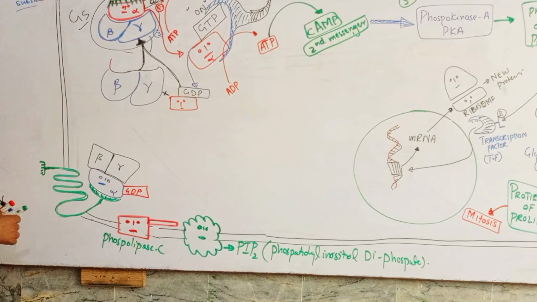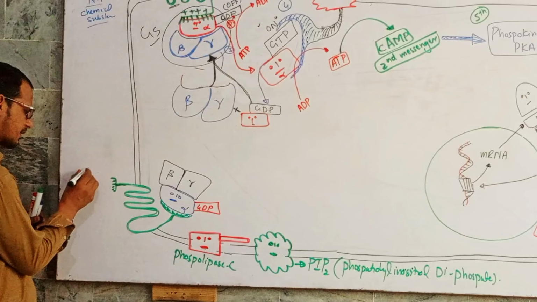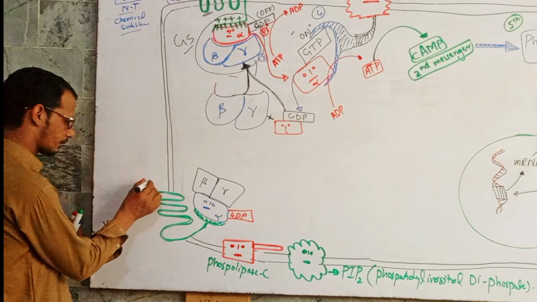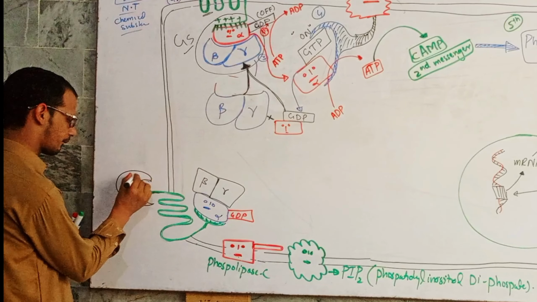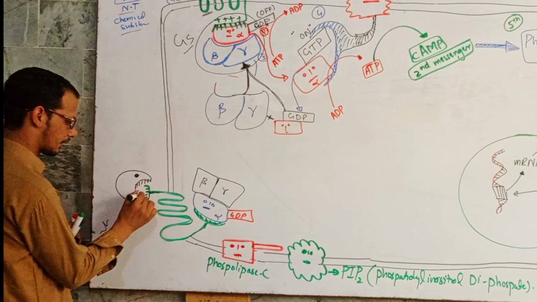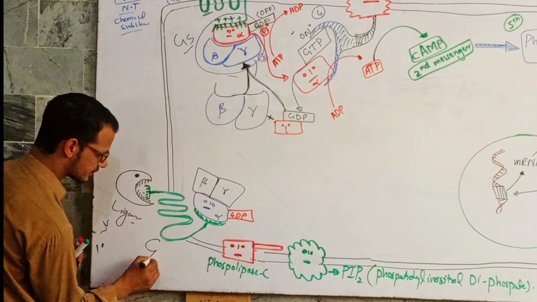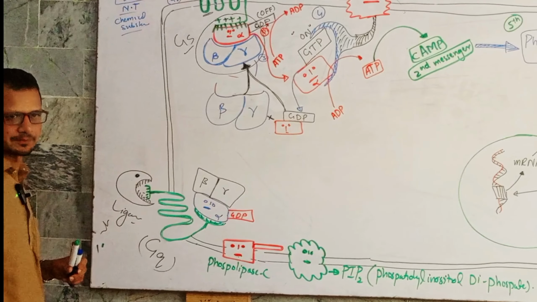So for example, here we have a ligand, and this receptor is the GQ receptor.